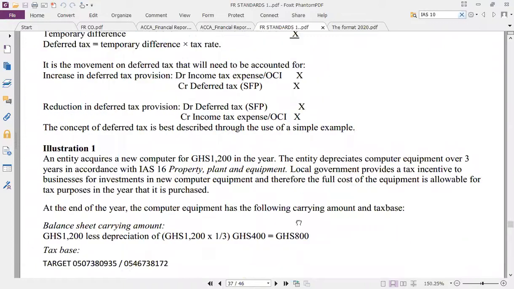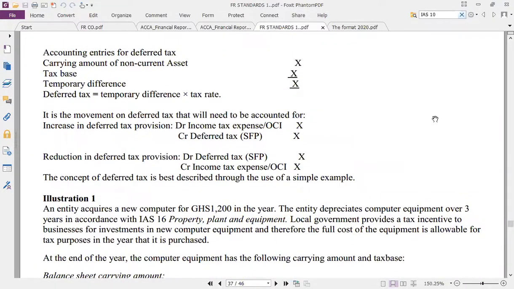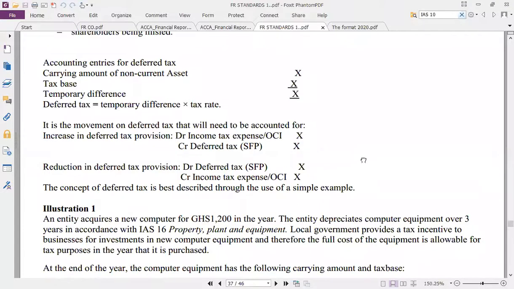Okay, illustration 1. An entity acquires a new computer for 1,200 in the year. So the cost of the computer is 1,200.